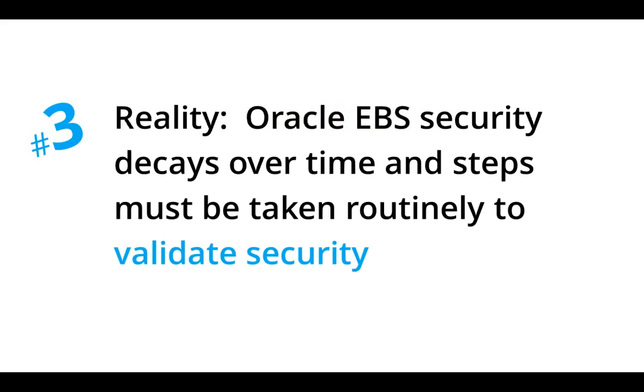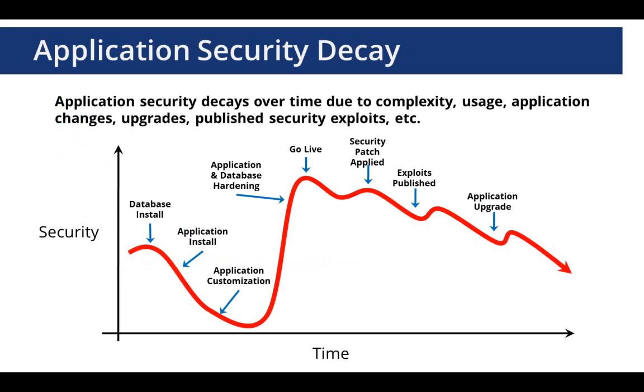And you have to be routinely checking and validating security, finding default passwords, applying patches and things like that. Because over time, you install the application, you do a lot of customization, and hopefully at go live you did do some hardening. You went through the Secure Configuration Guide and made sure all the passwords are changed, you've got the latest critical patch updates installed and things like that.